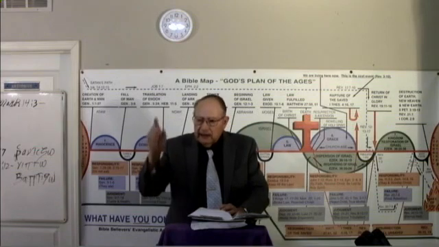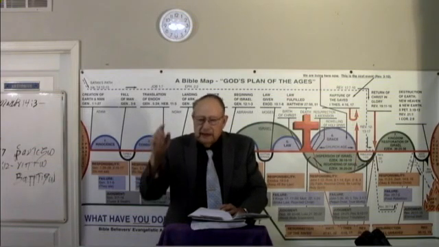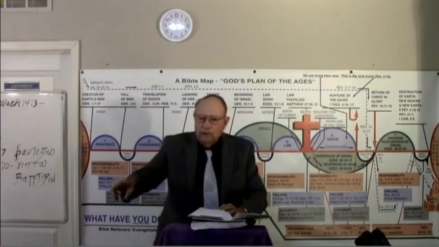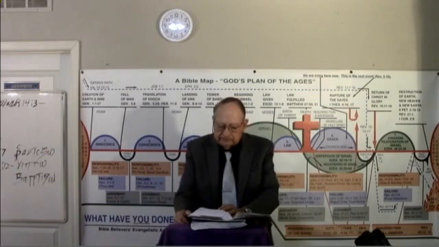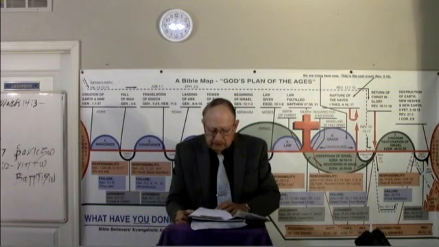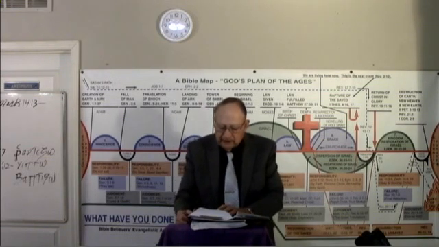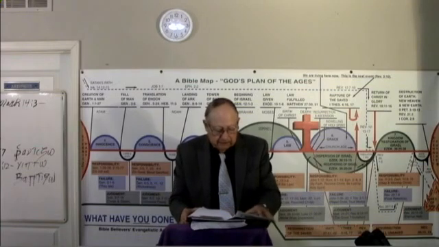Actually Aaron built an idol because he was a goldsmith, and he says, this is Jehovah who led you out of the land of Egypt. What a blasphemous thing. And then verse number 12, and why should the Egyptians say with evil intent that their God brought them out to kill them in the mountains and destroy them from the face of the earth? Turn away from your anger and change your mind about harming your people.